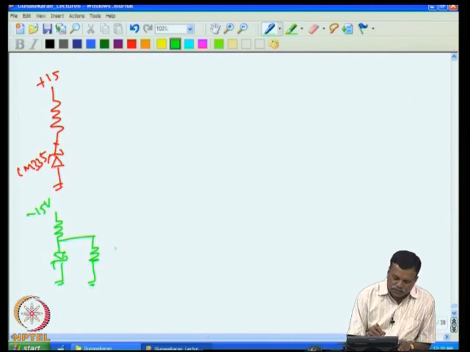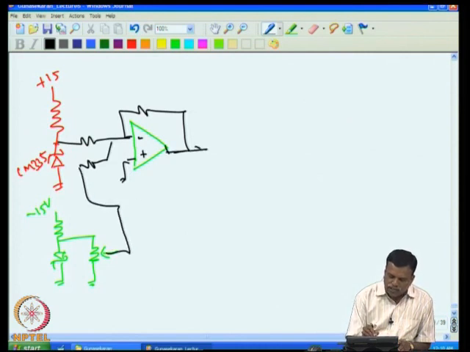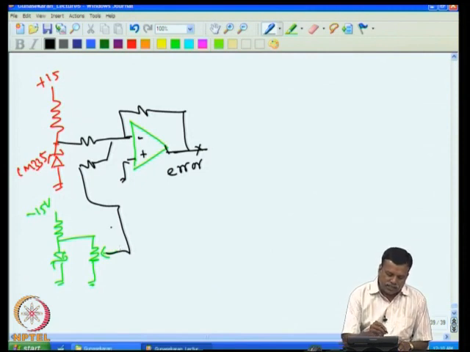So we set the temperature here and find the difference between these two. It is similar to what we had done with the proportional temperature controller. So you will get the error voltage here, that is the difference between the set voltage and the actual temperature. This is a Zener voltage. So we fix the set temperature here.